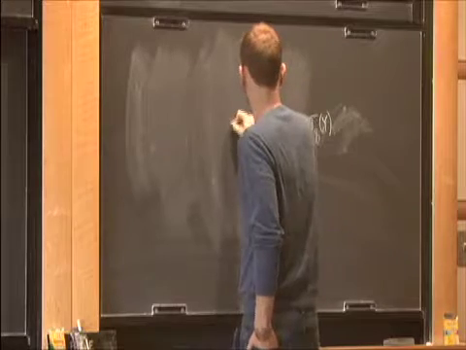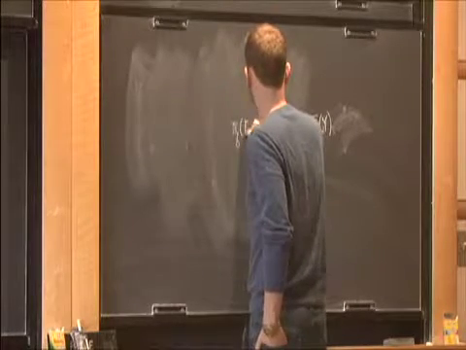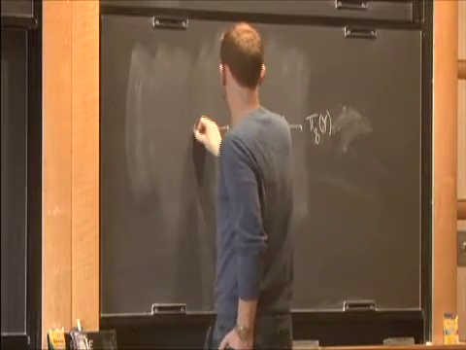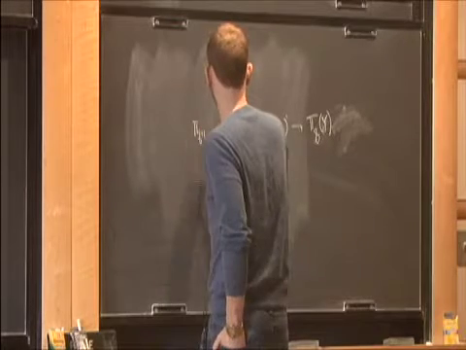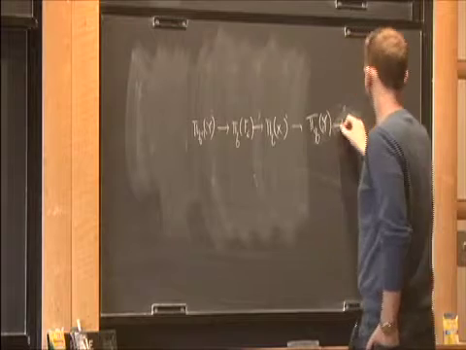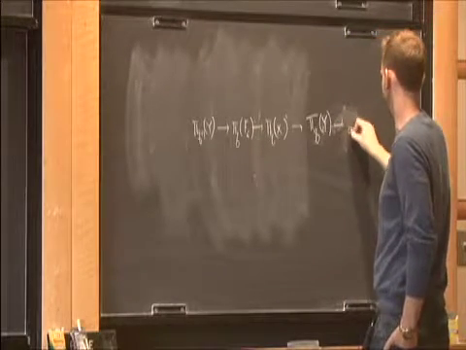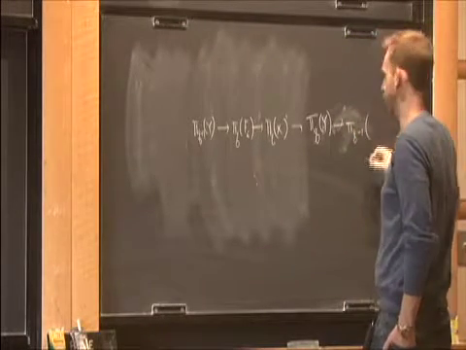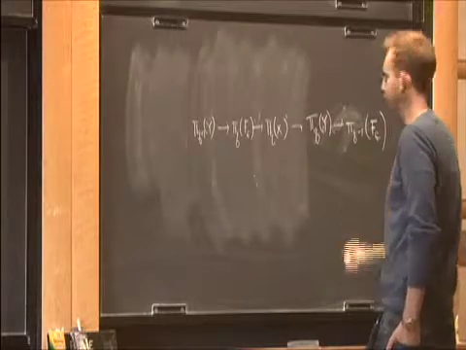X, this is the fiber of F. This is pi q plus 1 of Y. So we're looking, this will be pi q minus 1 of the fiber of F.